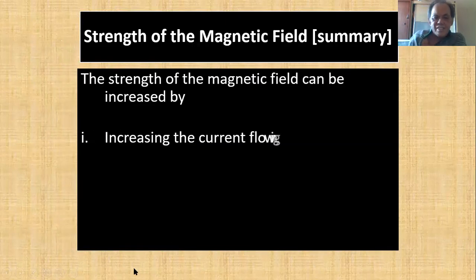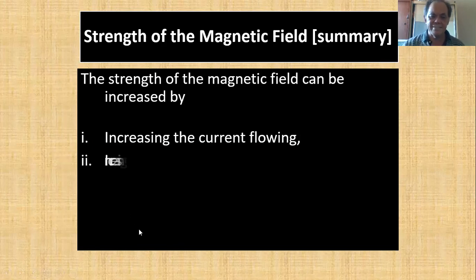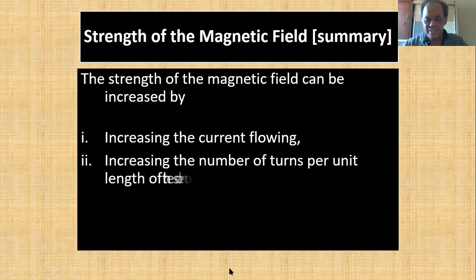So in general, the magnetic field strength or magnetic flux density can be increased by increasing the current and by increasing the number of turns. Each turn gives one current and gives the field, so more turns give more field, you add up the field.